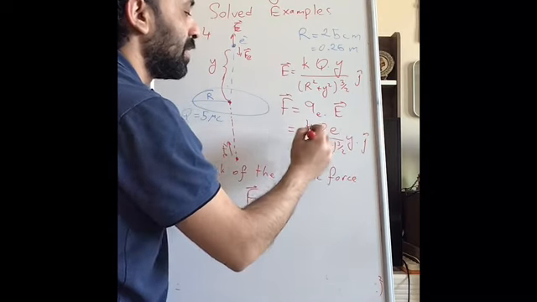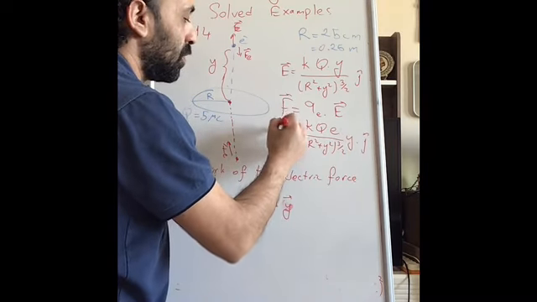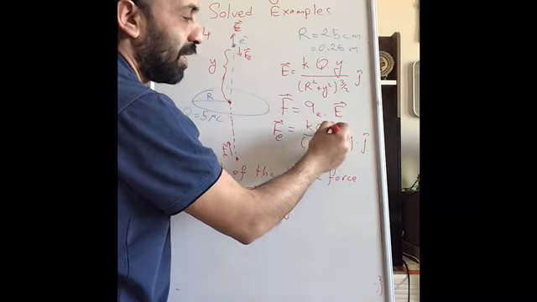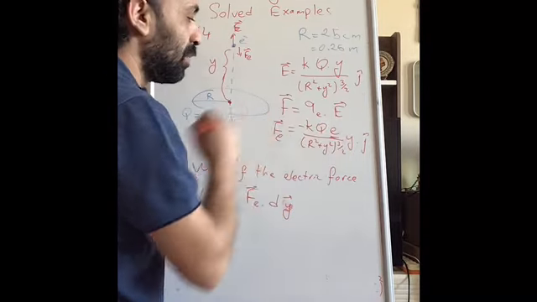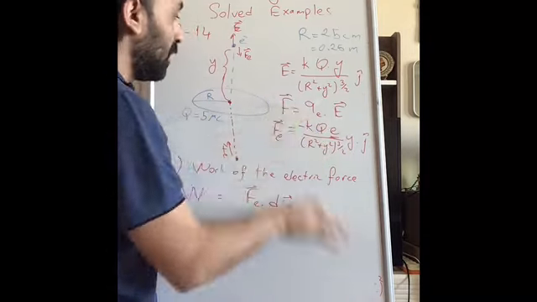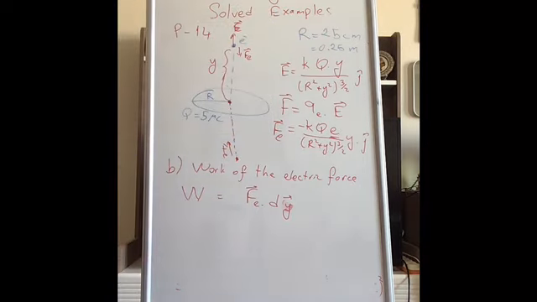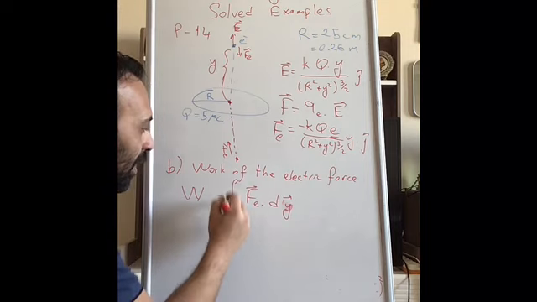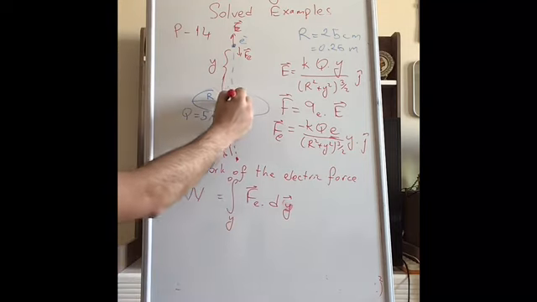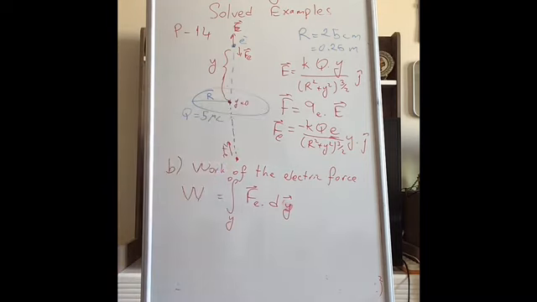All right, this is the electric force on the electron. Don't forget, this is negative, so it is downward. So we need to integrate this electric force between y and the center. At the center, let's assume that y is equal to 0.